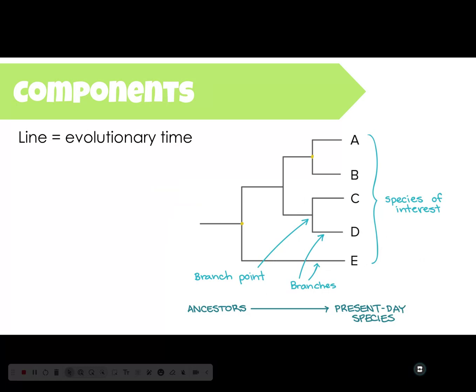So trying to understand the components of how to construct a cladogram, lines on cladograms represent time. So in this case, the way it's laid out, the horizontal lines would be evolutionary time, the leftmost point would be the sort of oldest time, and the rightmost points on the lines would be more present day.